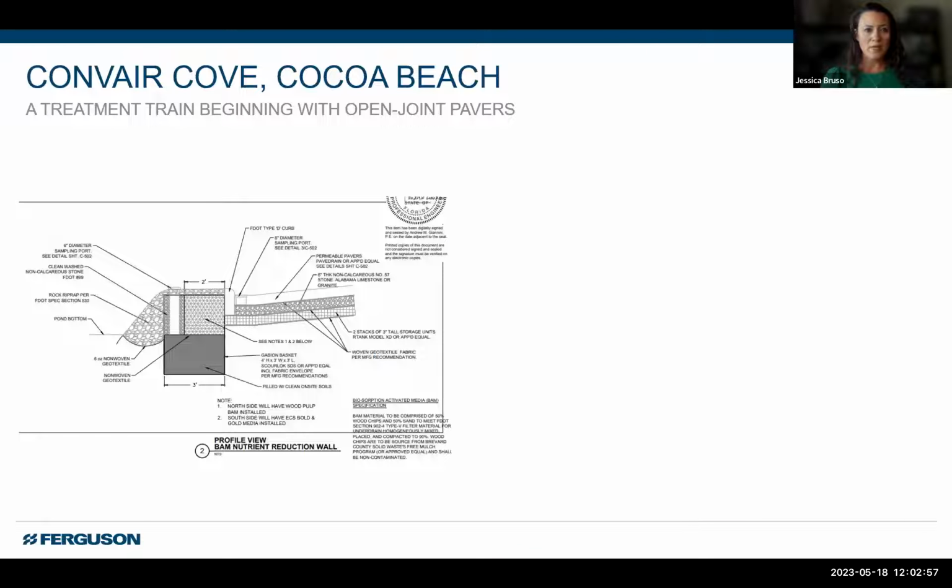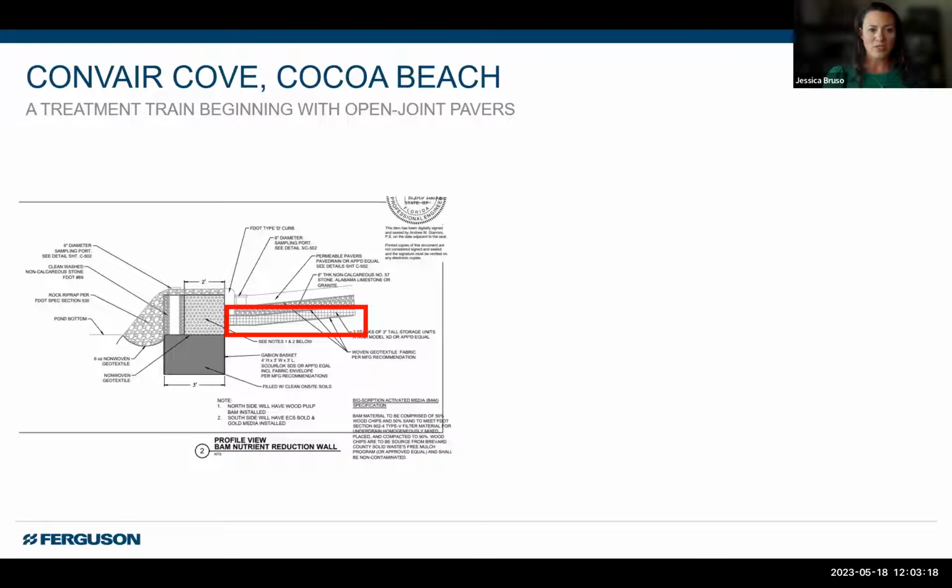And we talked about this before, I think in our first webinar here, but we can start a treatment train with our pervious pavers, right? So we can get the water underneath. You'll notice in this, there's the pavers themselves, there's going to be the stone, and then there's going to be a storage system underneath.